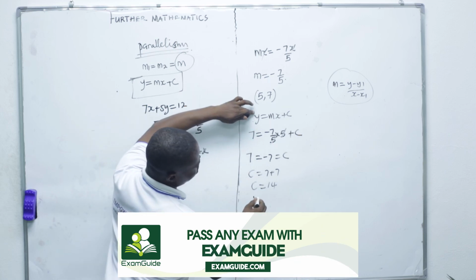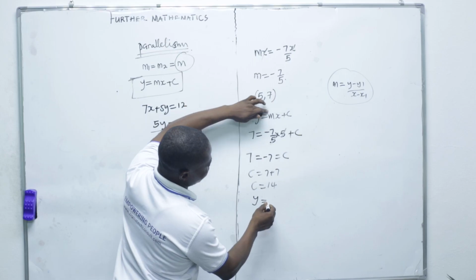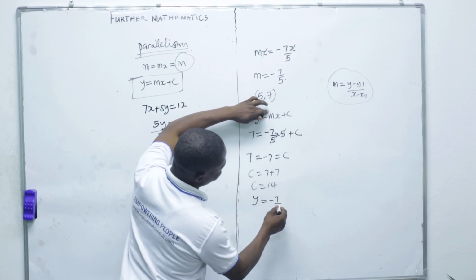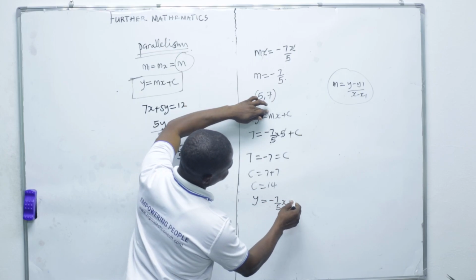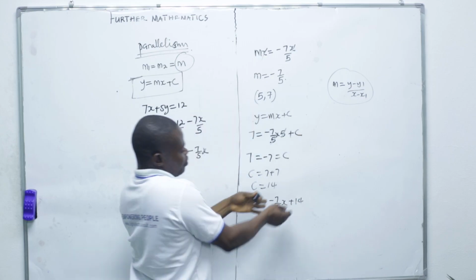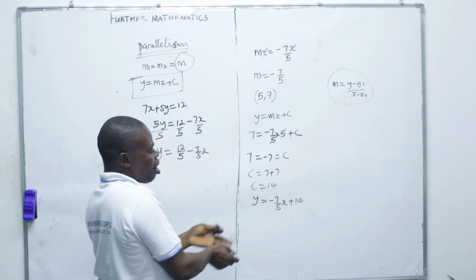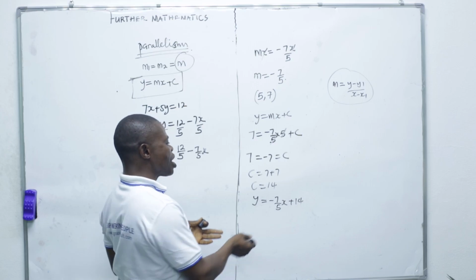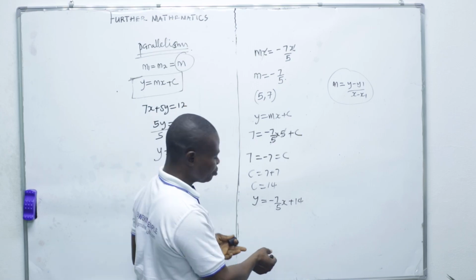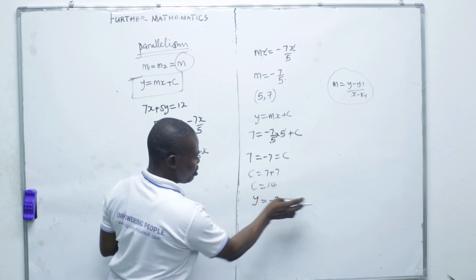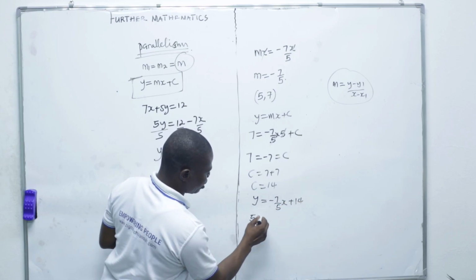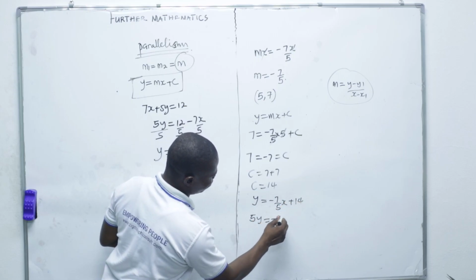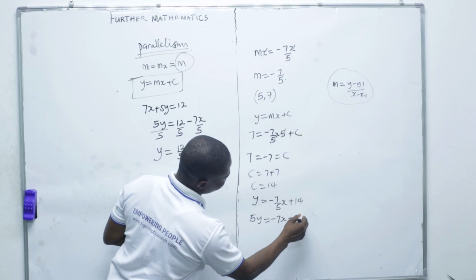Now, to form this equation finally, you go back to the original equation: y equals mx plus c. What is m? Minus 7 over 5. Then you put x plus 14. If you don't like it to be like this, you don't have an issue. Quickly multiply by 5 on both sides: 5y equals minus 7x plus 70.